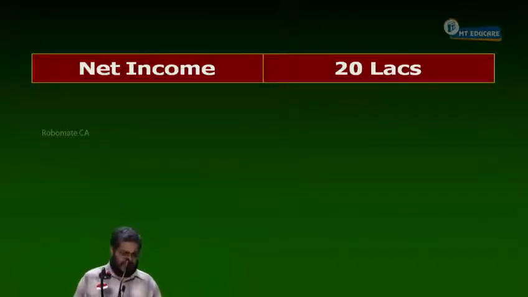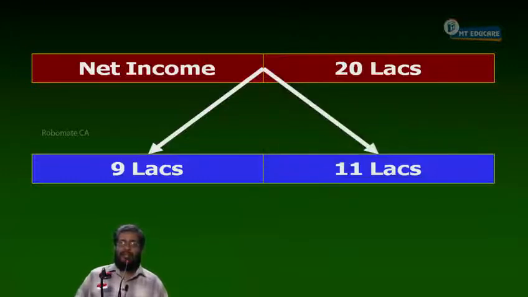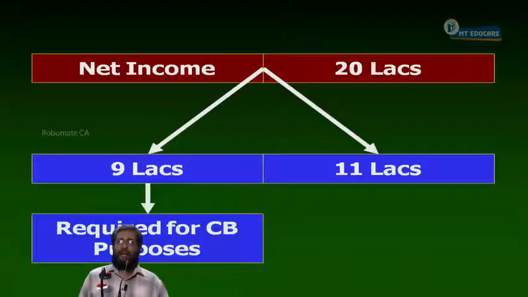Next. Net income 20 lakhs. Branch it into 2: 9 lakhs and 11 lakhs. 9 lakhs is required for capital budgeting purpose or investing purpose.